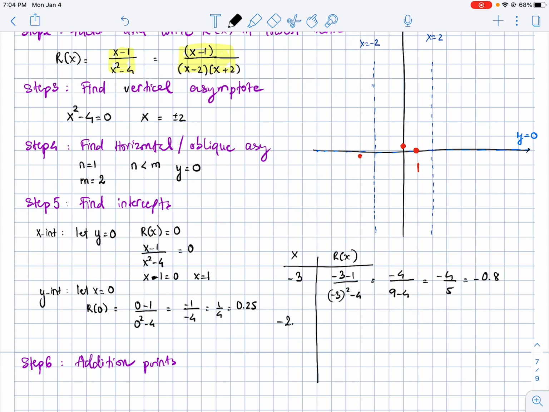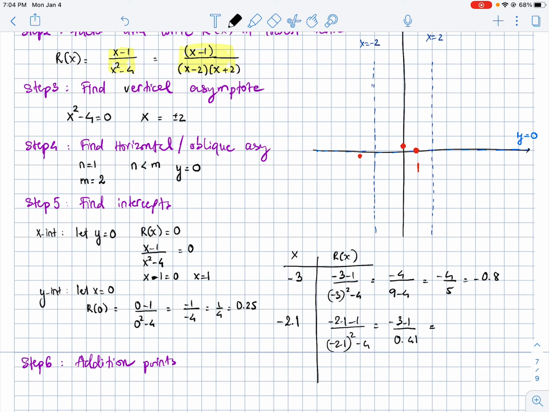So we make -2.1, we will get -2.1 minus 1 divided by -2.1 squared minus 4. So -3.1 divided by, 2.1 times 2.1 is 4.41, and we minus 4 in the bottom, we got 0.41.